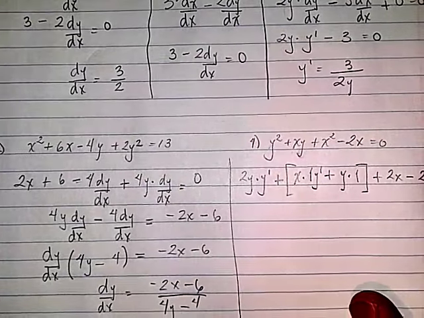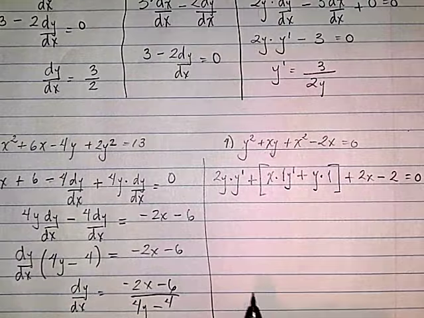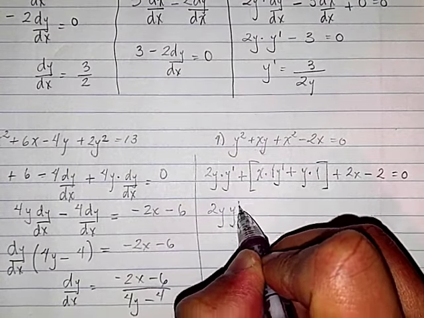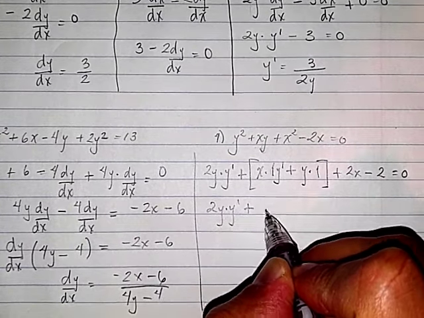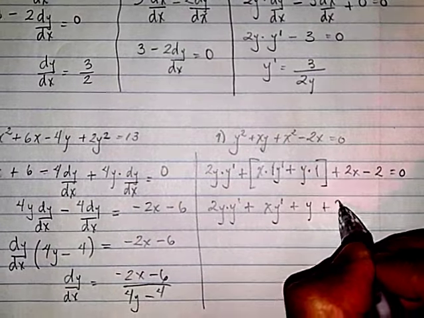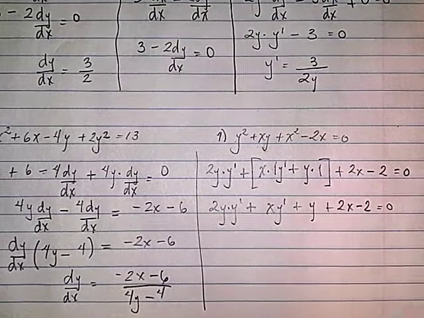Let's continue it on. Let's clean it up. So we got 2y times y prime over here plus, that would give me xy prime plus y plus 2x minus 2. And that would give me equal to 0.